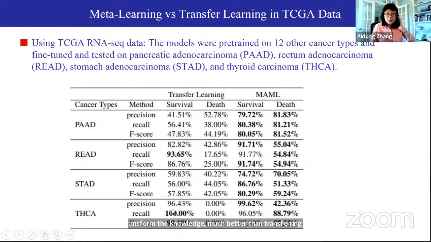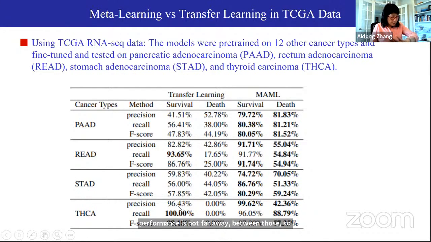But there are some cases where transfer learning does better, probably where the data is more consistent between the new cancer and the 12 cancers we compared. The performance is not far apart between those.